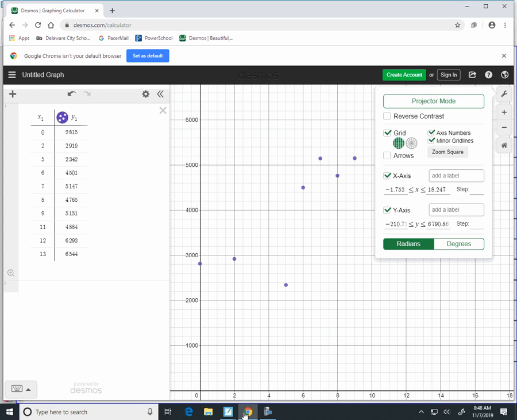For some reason, yours is connecting the dots. We'll work with that. I'll have to figure out what setting that is. So some of you have Desmos connecting the dots for you, and I don't know why it's doing that.